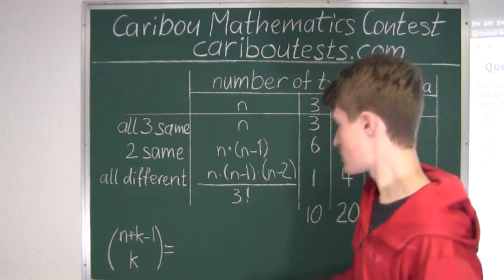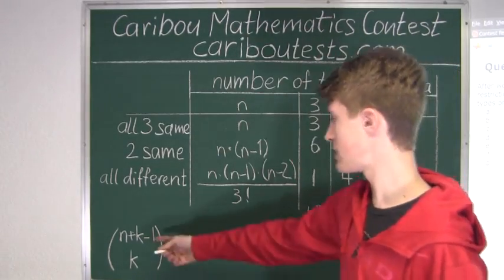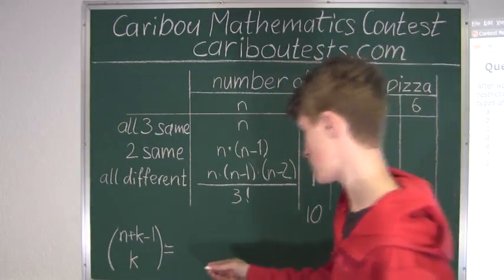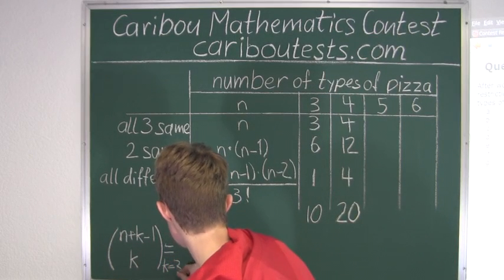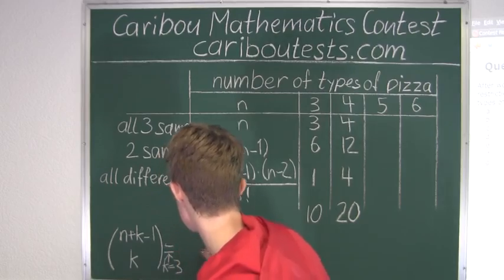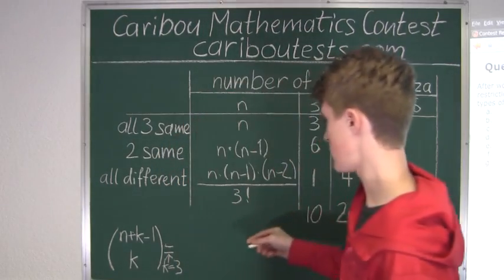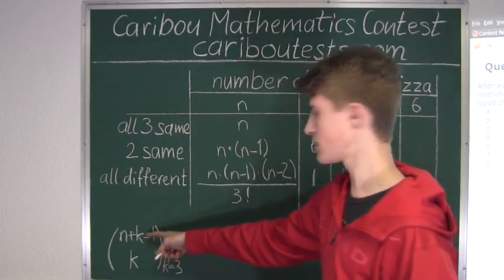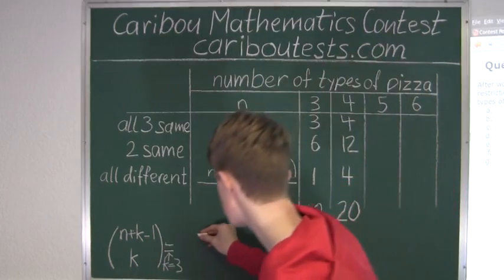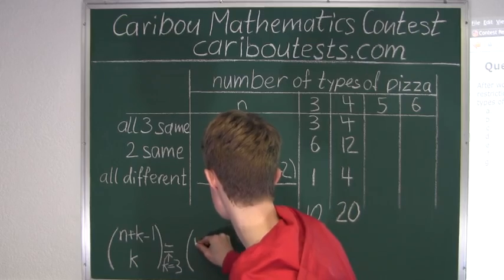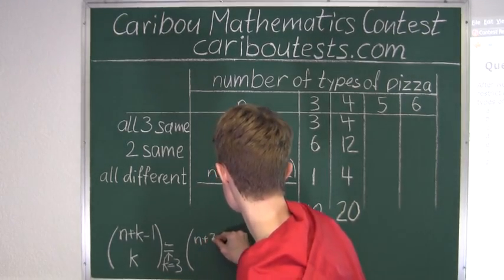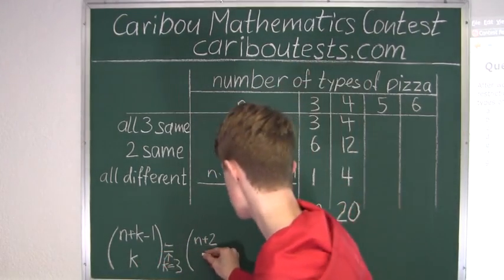Since in our question k equals 3 because we had 3 slices, here we have n plus 3 minus 1, which is n plus 2, choose 3 because k is 3.